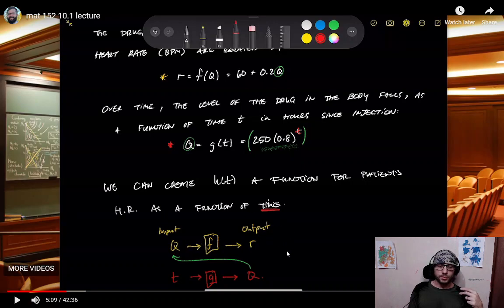And we also were saying, hey, we can figure out how much of this drug is in their body based upon how many hours have passed since it was given to them. Okay. So again, the bigger function was relating those 2 things together. And what it was saying was, well, hey, since I know those 2 things, what is the person's heart rate based upon a certain amount of time?